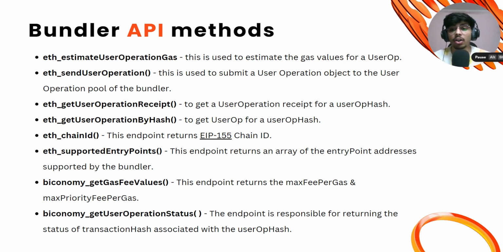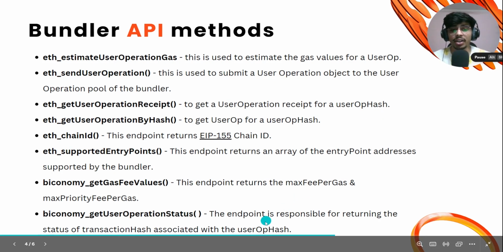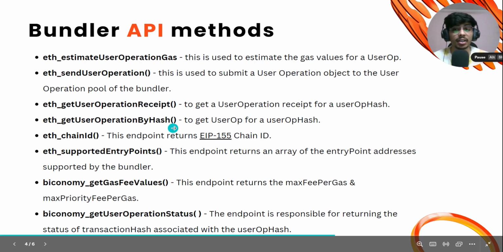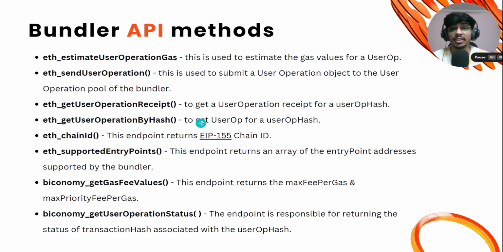Biconomy get gas fee values is used to return the max fee per gas and max priority fee per gas. Biconomy get user operation status is responsible for returning the status of the transaction hash associated with the user op hash. So these are the important bundler API methods, which are very crucial, and you can get to know more about them via the Biconomy docs.